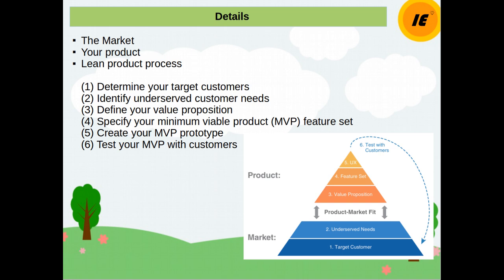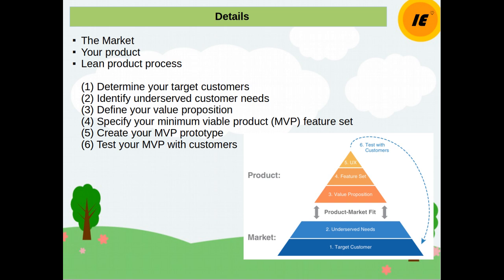The set of needs that you aspire to meet with your product forms your value proposition, which is the layer just below the feature set in the product market fit pyramid. Your value proposition is also the layer just above customer needs and fundamentally determines how well the needs addressed by your product match up with customers.